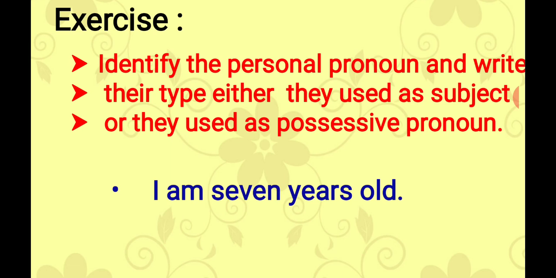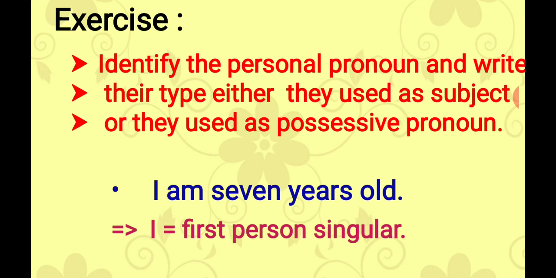What is the pronoun in the sentence? I. And I is the speaker of the sentence, so I is the first person singular form, right? Yes. And I is also the subject of the sentence. This way we are going to do the other sentences in this exercise.